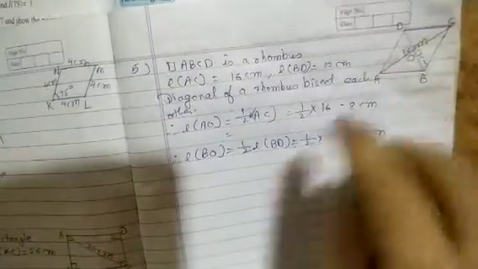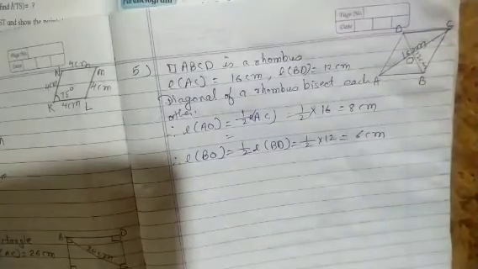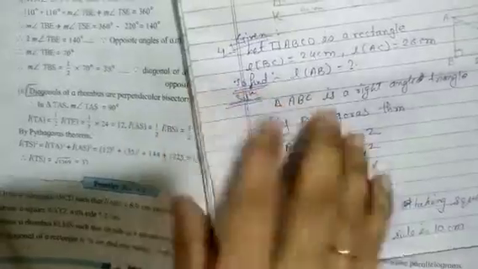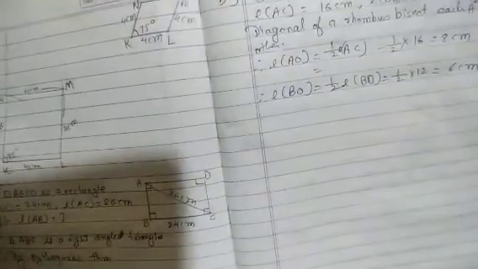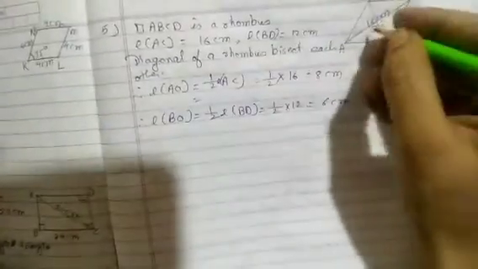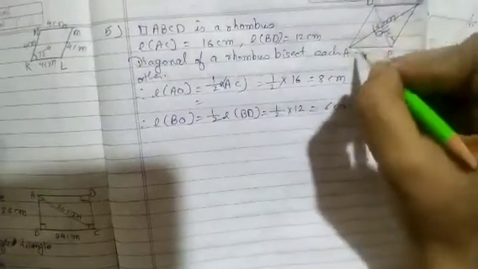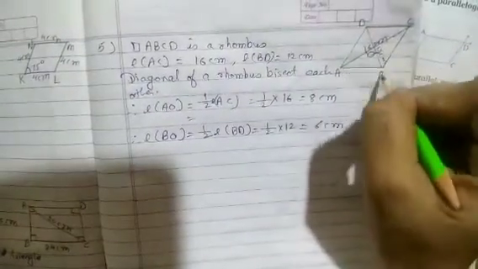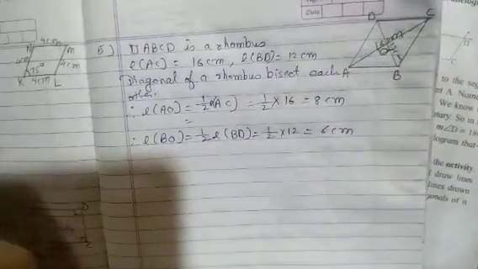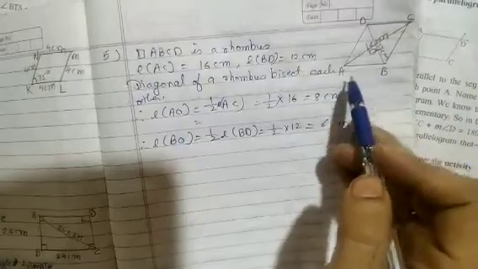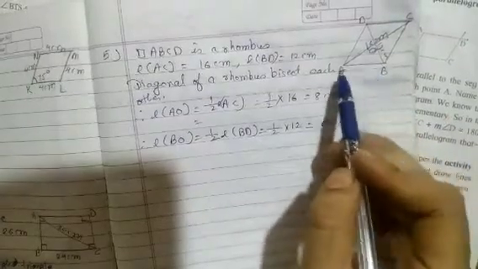Now we know AO and BO, and we know that diagonals of a rhombus are perpendicular bisectors of each other. Perpendicular means this is 90 degrees, so this triangle AOB is a right angle triangle. Then we will apply Pythagoras theorem. In this triangle AOB, AB is the hypotenuse.